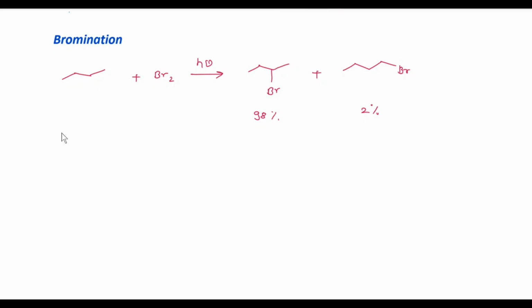The first step is the initiation step, in which generation of radical takes place, that is Br2 is irradiated with light and 2 Br radicals are formed.